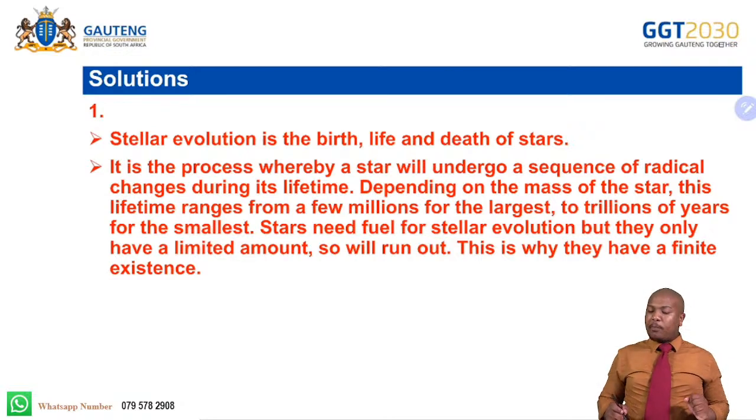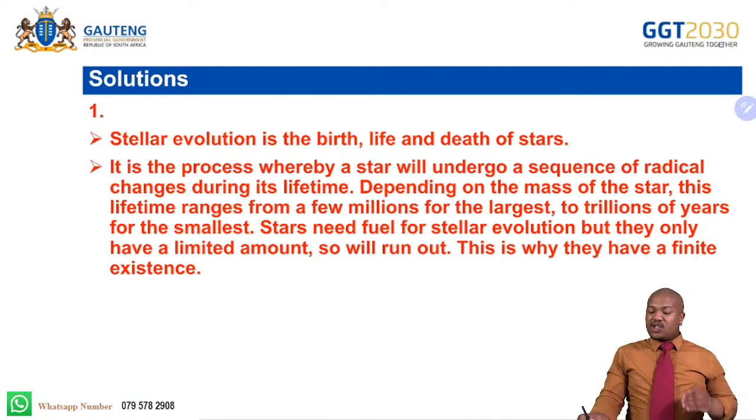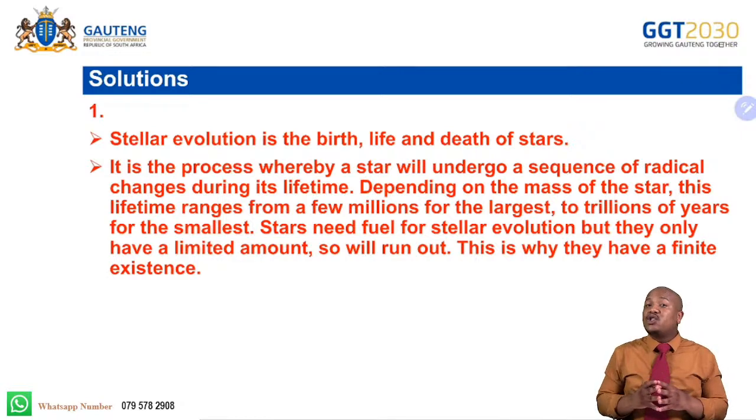Depending on the mass of the star, this lifetime ranges from a few million years for the largest to trillions of years for the smallest stars. Stars need fuel for stellar evolution, but they only have a limited amount, so it will run out. That's why we say it is a finite process. Because we need to skip to number two, let's take a quick minute to copy down number one.